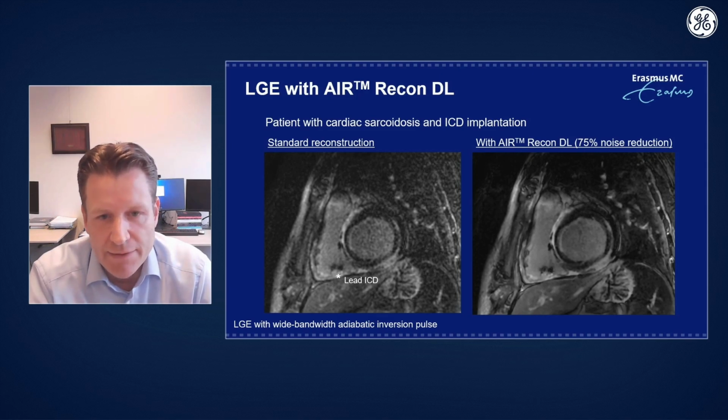In this case, on the left, it's the standard reconstruction again, and on the right, the 75% noise reduction. You see a clear late enhancement of the whole septum, the inferior epicardial wall, but also in the right ventricle, which in this case can be very nicely shown even when the ICD was implanted.